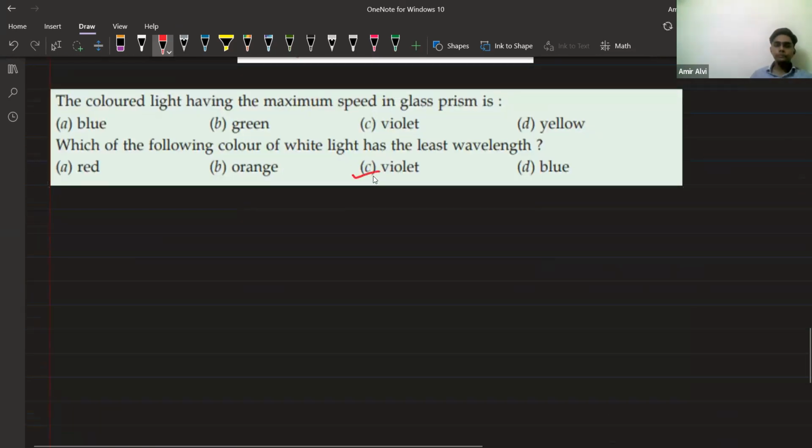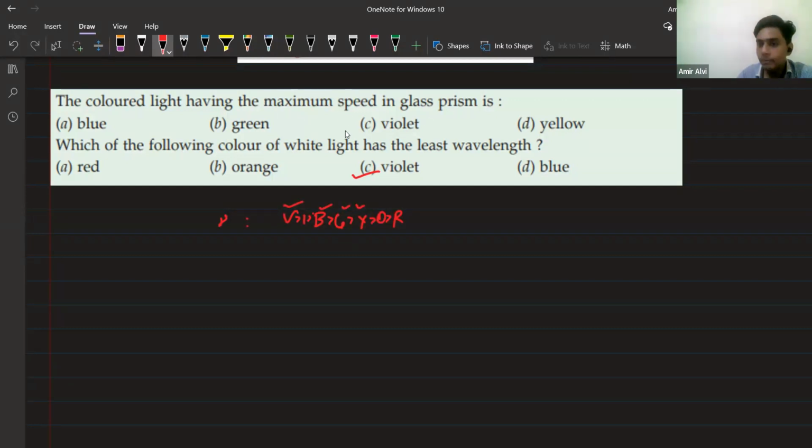Now, we have VIBGYOR. Let me write it here. This is the order of frequency. The options are blue, green, violet and yellow. The question is about the maximum speed.